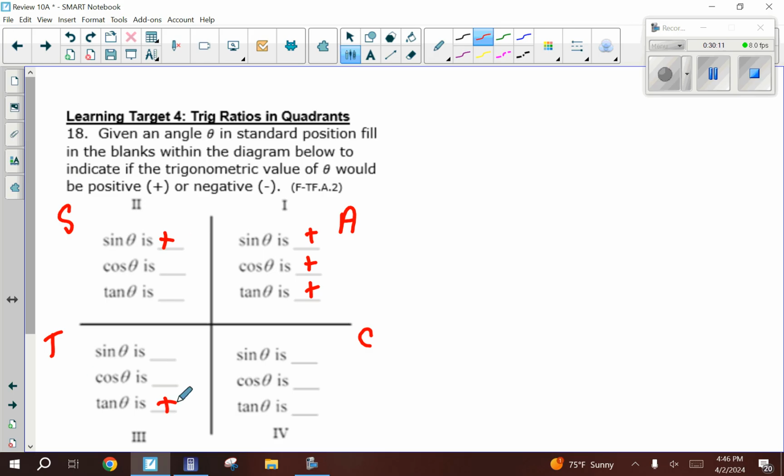And then in the fourth quadrant, the cosine is positive. So this is all students take calculus, and all means all three of these have to be positive. Students is sine, take is tangent, and then calculus stands for cosine. So that basically means that everything else is a minus.